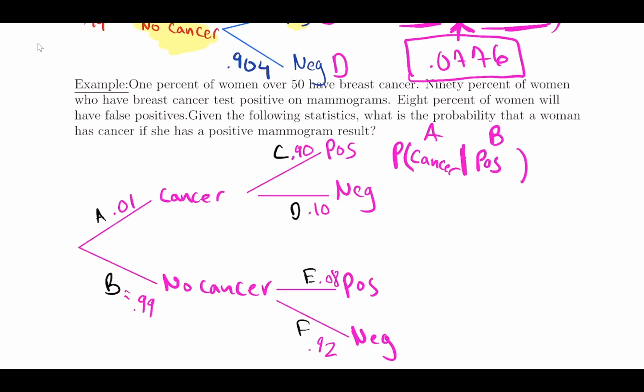So for this one, you put positive after the vertical line and you put cancer before the vertical line.